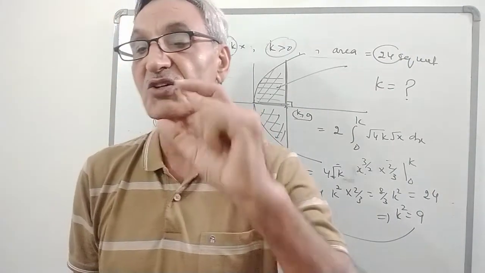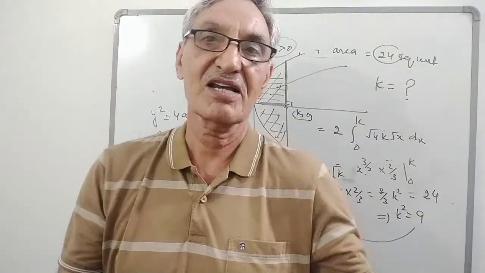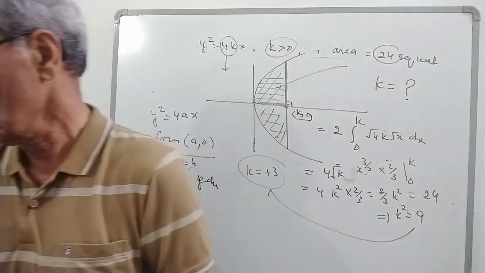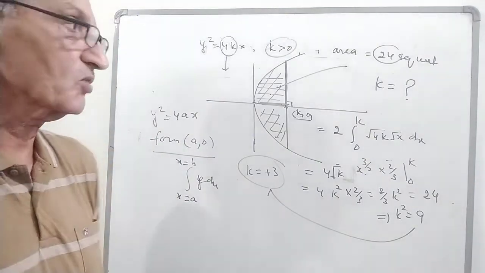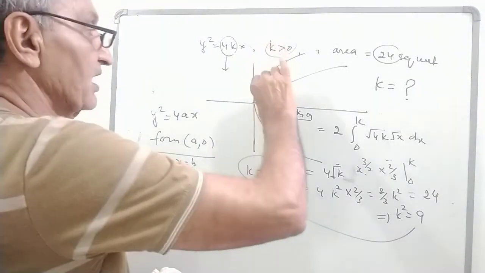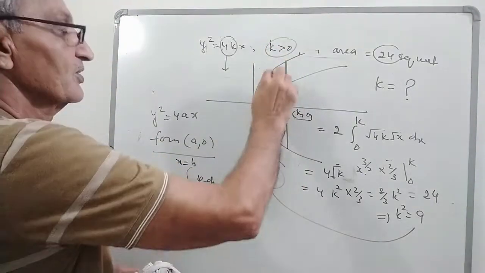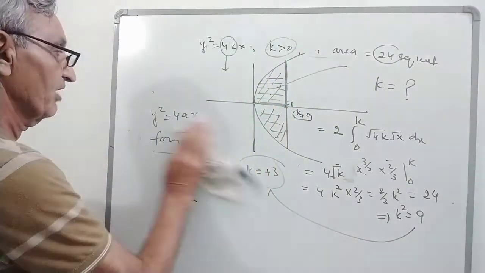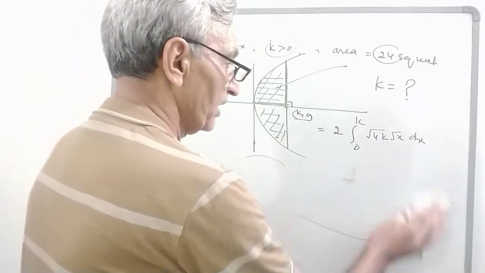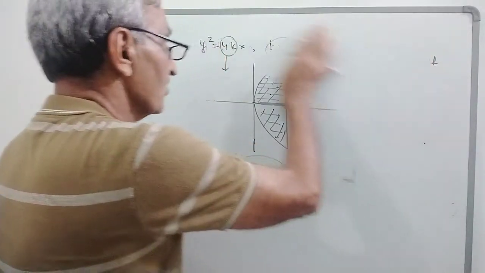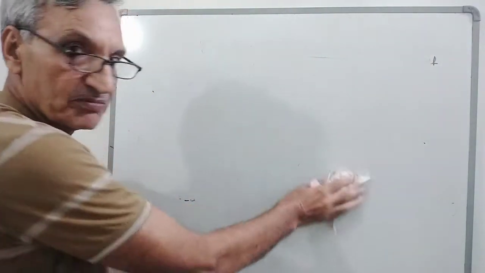You must know how to find the area, and the rest is simple. We multiplied by 2, found the value, and set it equal to 24, and we got k equal to plus minus 3.